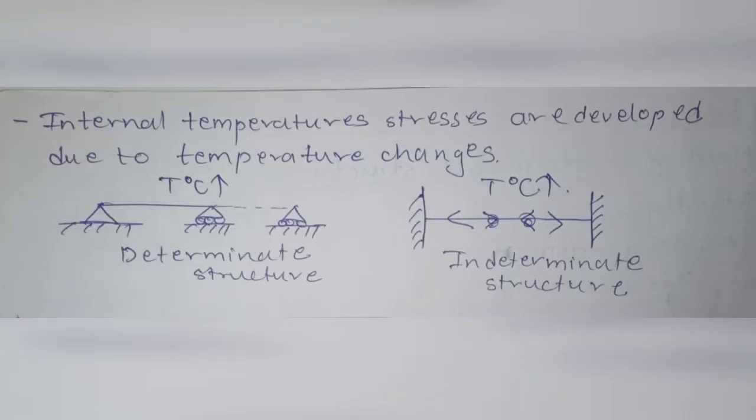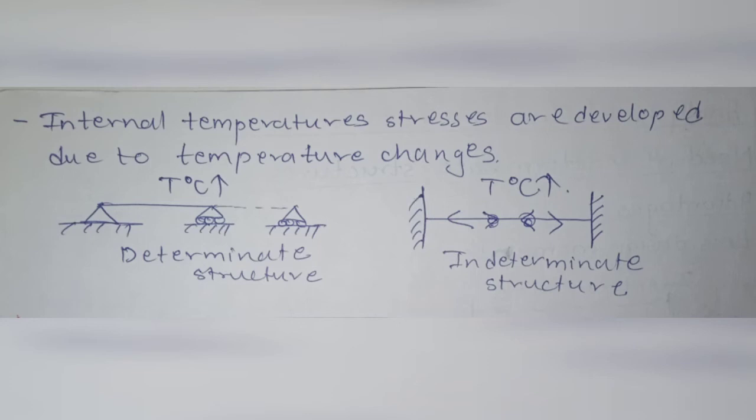Along with the advantages, there are also some disadvantages for indeterminate structure. First of which is the internal temperature stresses which are developed due to temperature changes in indeterminate structures. If we compare the examples of determinate and indeterminate structure, we can find that with the increase in temperature, the length of the beam will try to increase.